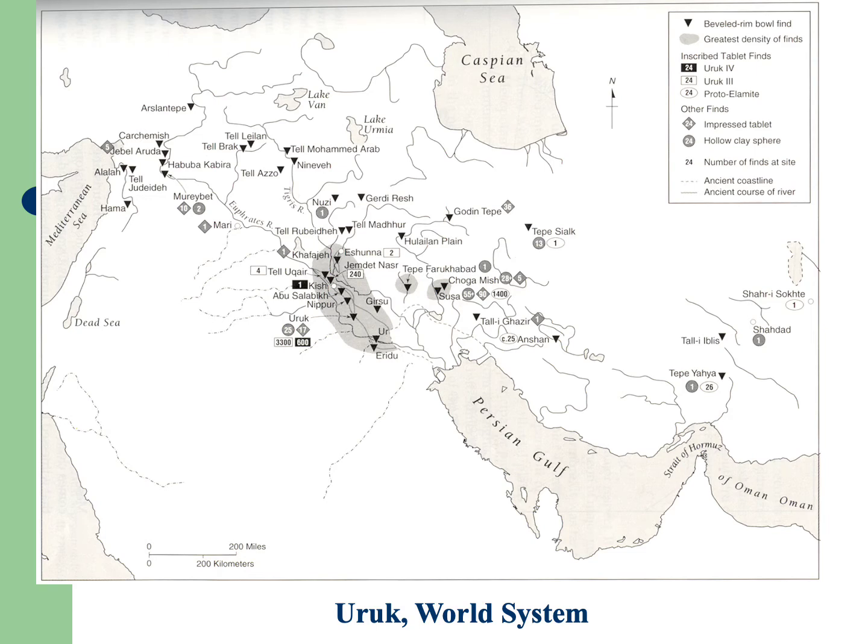And you can see here a specific view of the Uruk world system with these specific archaeological finds of luxury goods and tablets and these hollow clay spheres that they used as essentially documents of these exchanges.